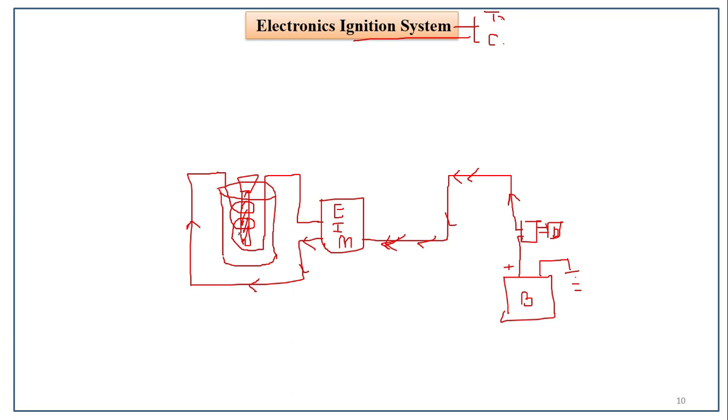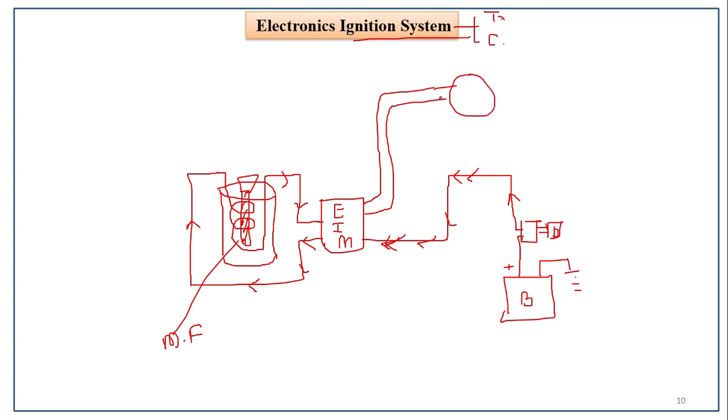Due to this primary coil, since the soft iron core is mounted inside, a magnetic field will be generated, and this current will again be passed to the electronic ignition module, which will again have two connections to the armature coil.